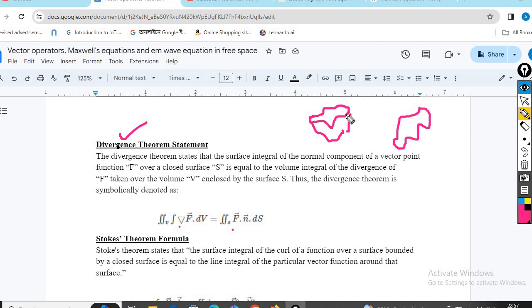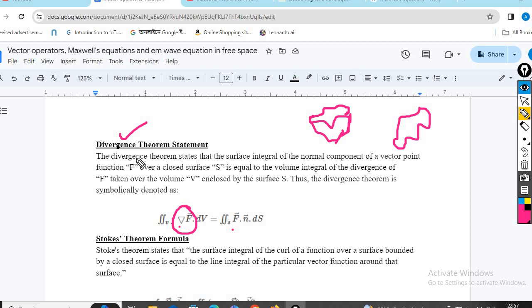This statement simply says that a surface integral is equivalent to a volume integral, and the volume integral will be in the form of the divergence of the field.